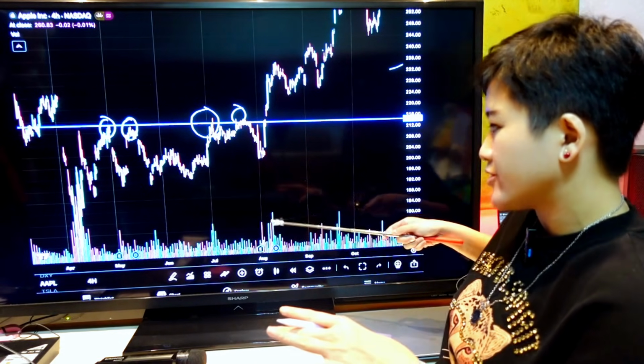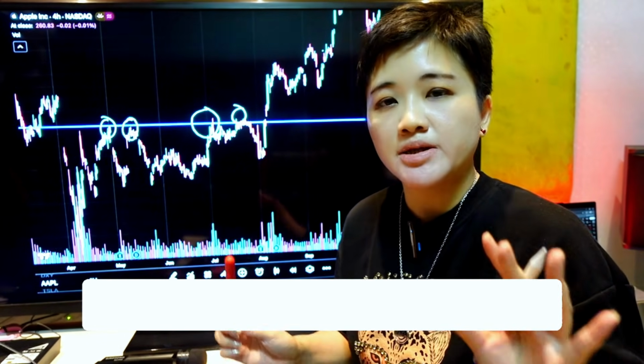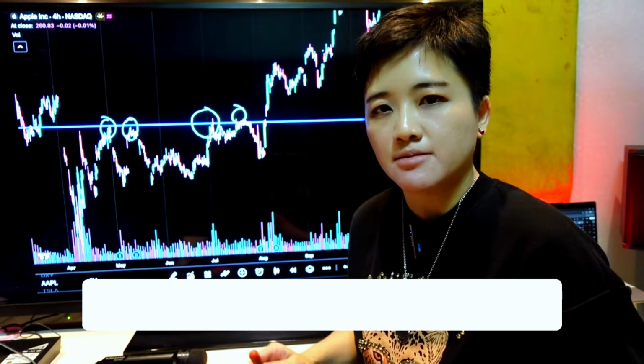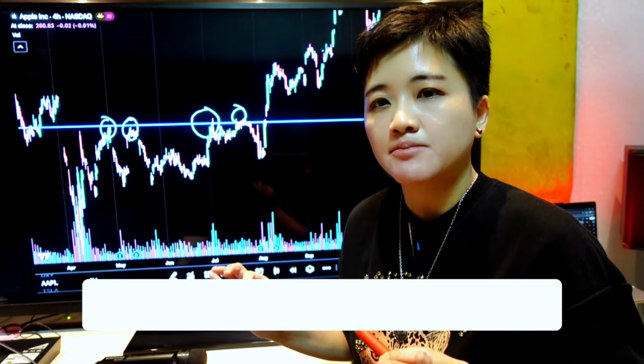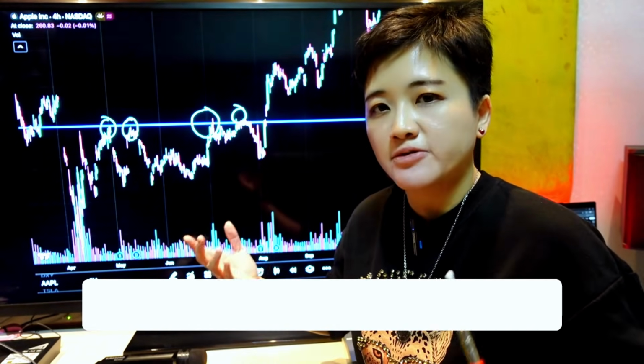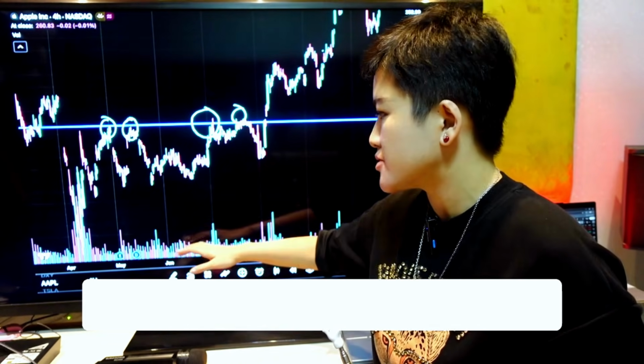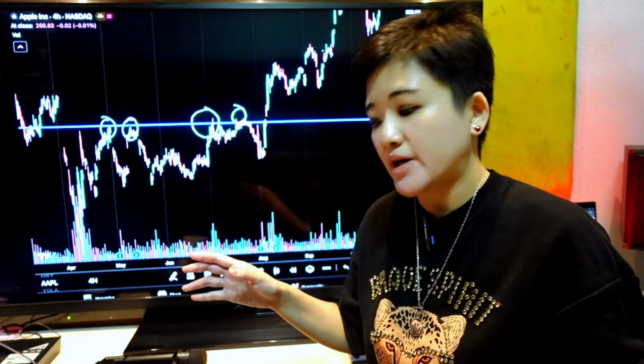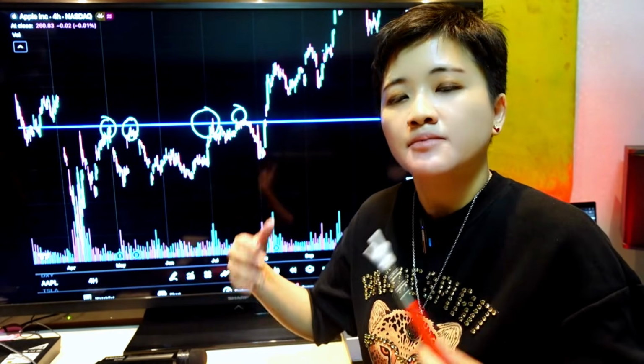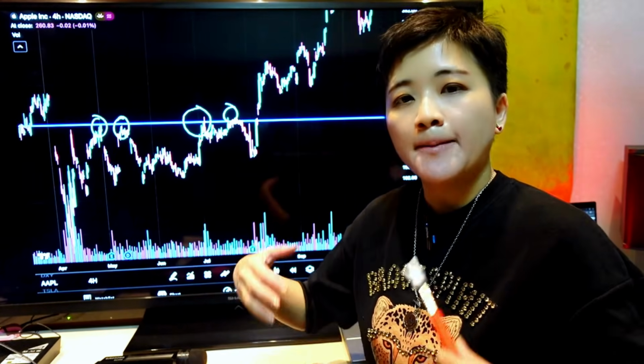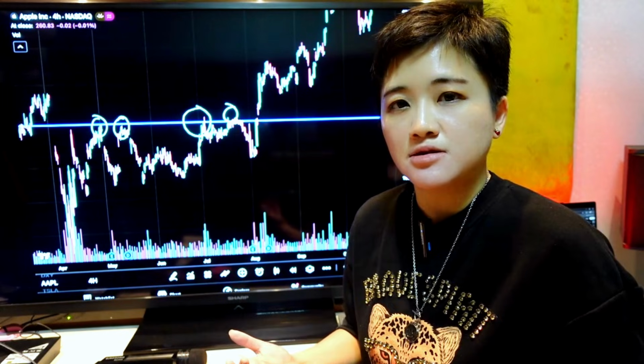So you can understand this. High volume equals commitment. Commitment from the big boys. Now, a lot of times for retail traders, we also contribute to this volume, but retail traders don't have as much money as compared to hedge funds, mutual funds, who invest billions of dollars into a stock.